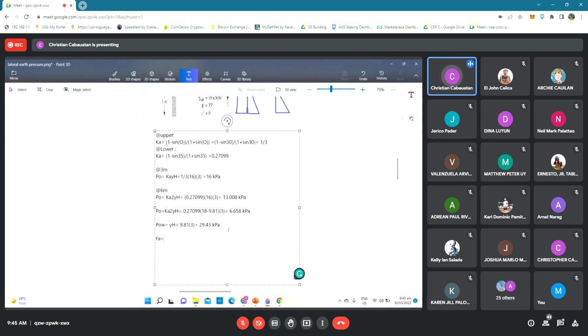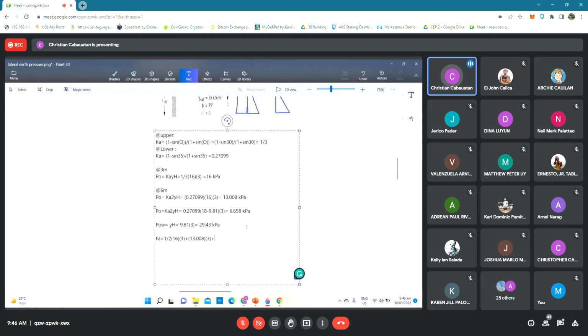So, in the first layer, which is 1/2, i-triangle na lang natin, your base would be your 16, tama? And your height would be 3 meters. Okay? That's for the first part. For the second part would be your length times width, wherein it is just your 13.008, and then multiply it by the height, which is 3 meters, okay?